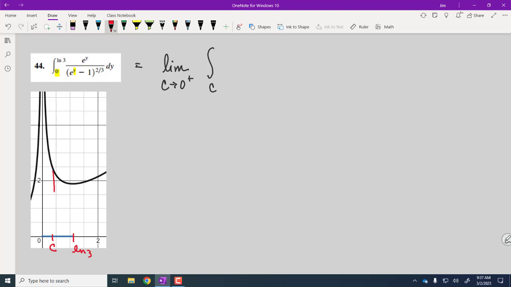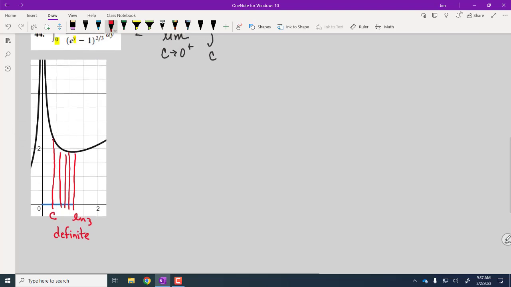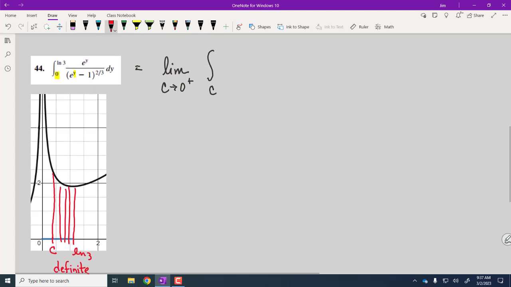We're going to integrate from c over to natural log of 3. That's a definite integral. And then we take the limit of that as the c value goes to 0.